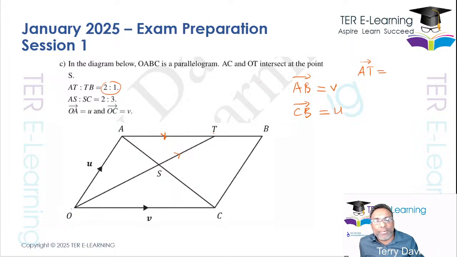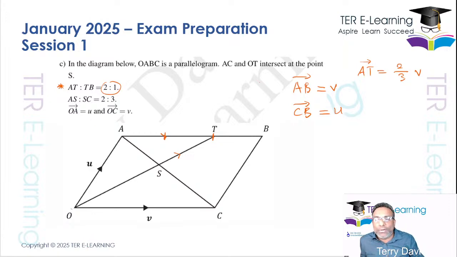So if I break up the line AB into 3 equal parts, I can figure out the vector AT. The vector AT is 2 parts out of the 3, so it's 2/3 of the vector V. I'm getting that based on this information here. So the vector AT is 2/3 of the vector V.